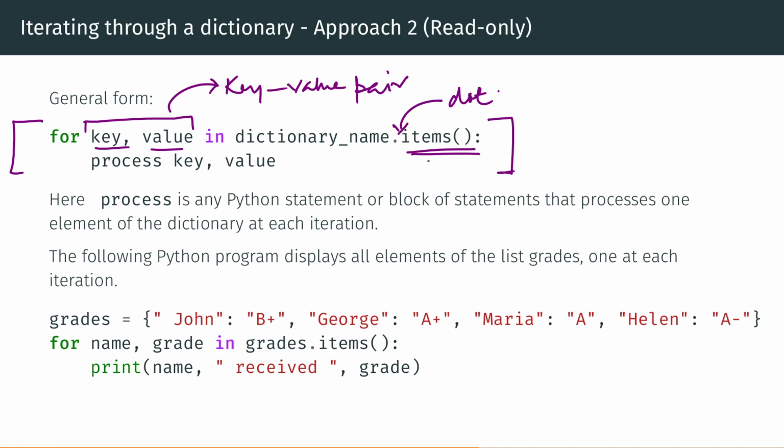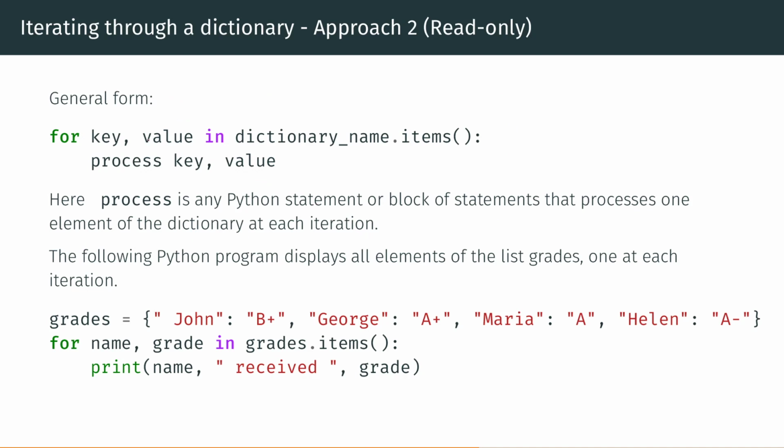Don't worry about the syntax right now or exactly what it does, but it gives you the keys and values for each element in the dictionary. So here you say for each key, value in dictionary_name.items(), process key and value. And here process is any Python statement or block of statements that processes an element of the dictionary at each iteration.